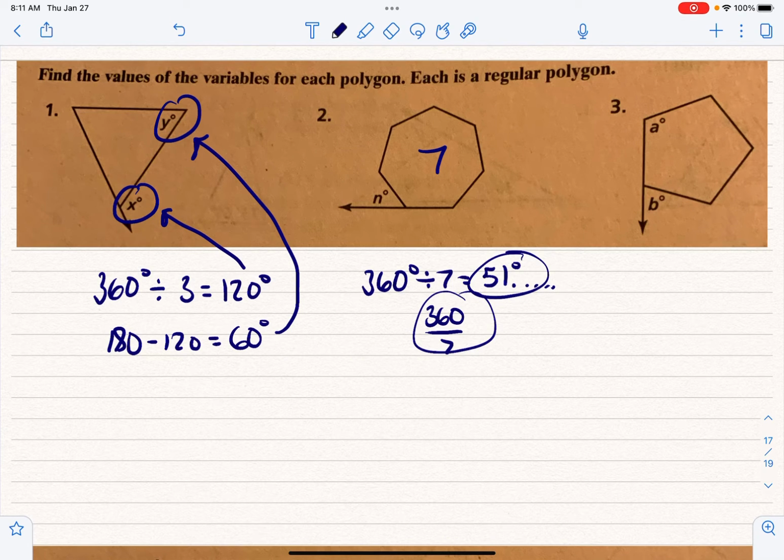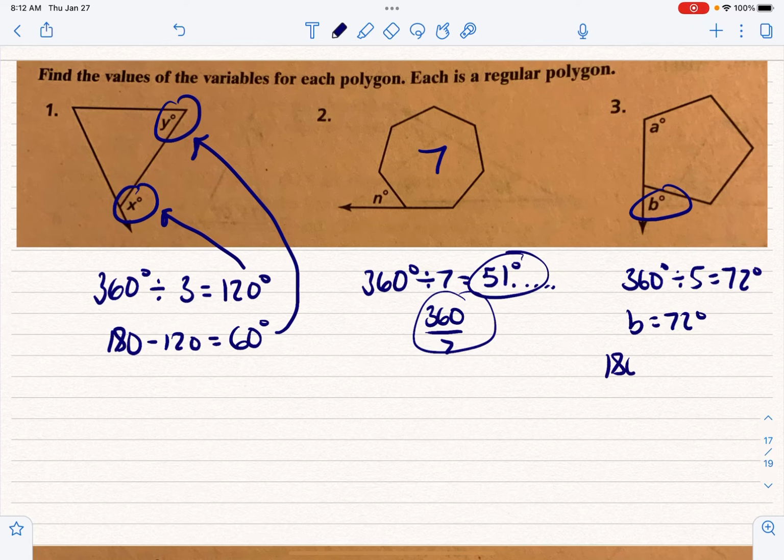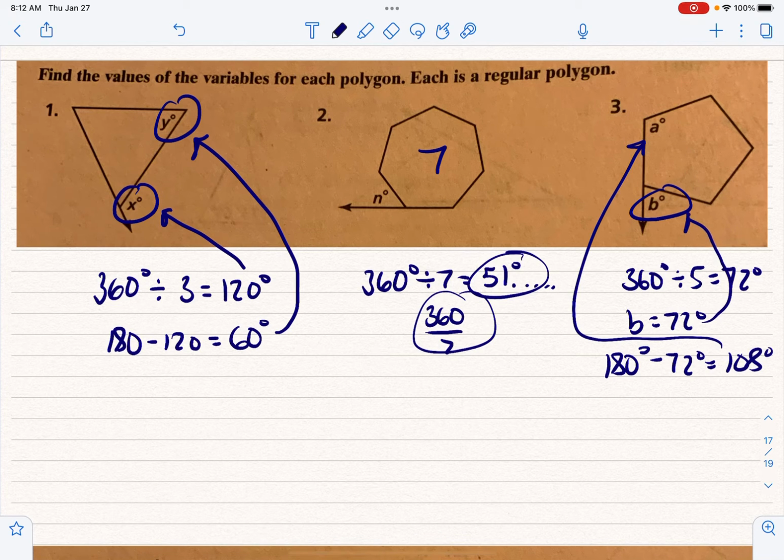And then the next one, number 3. Again, I'm going to start with the exterior angle and go, that thing's got 5 sides. So I'm going to take 360 divided by 5, and I get 72. So B has to be 72 degrees. And then to figure out A, I just take 180, subtract 72, and I get 108. That's what A has to be. Okay. Right there. And this one's right there.